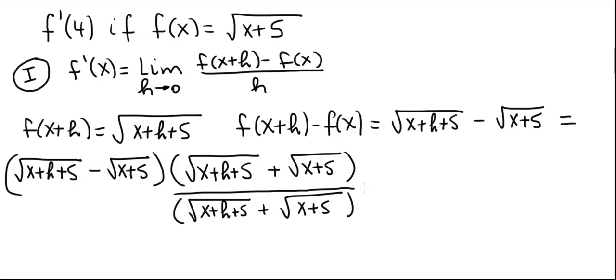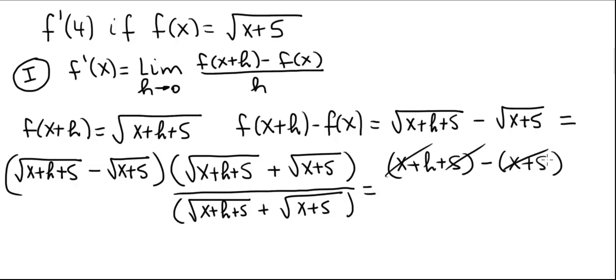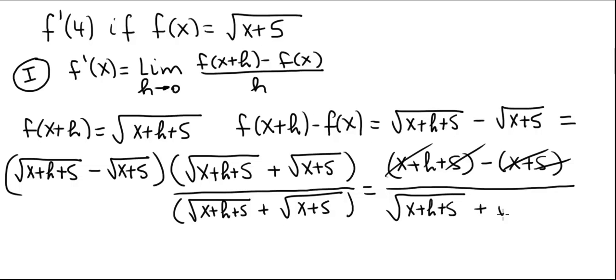And this is equal to, the numerator is x plus h plus 5 minus (x plus 5), so you can see that the x's and the 5's cancel, and in the denominator we have the conjugate, the square root of x plus h plus 5 plus the square root of x plus 5.